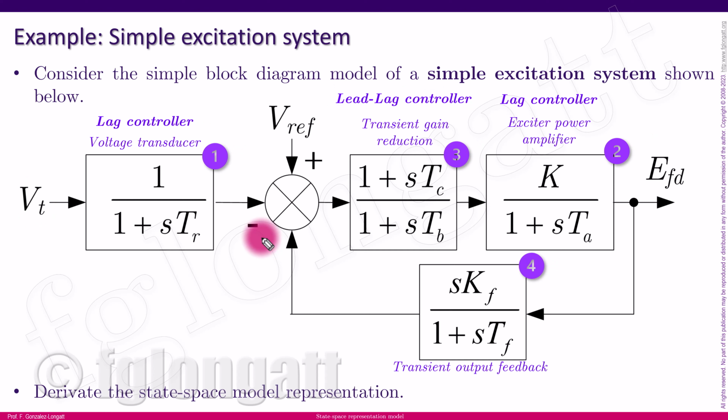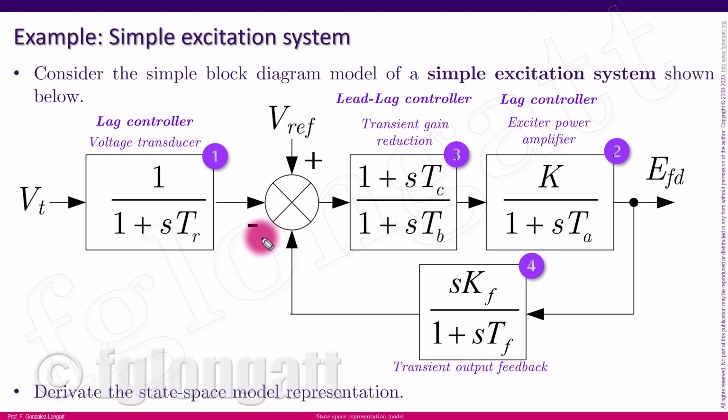Now, what is the idea? The idea here is that if we want the full state representation of this system, what we need to do is identify the differential algebraic representation, the time domain representation, of each one of those blocks.